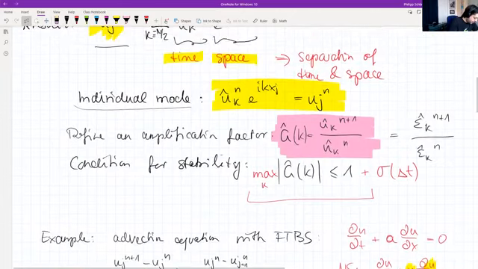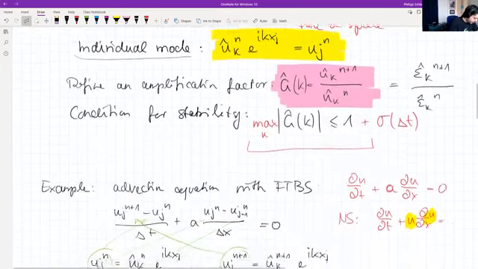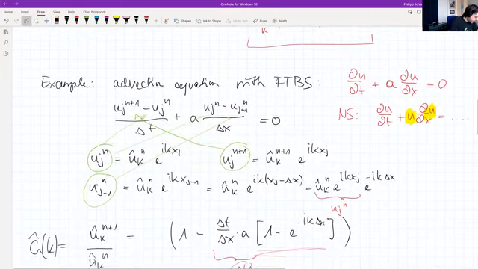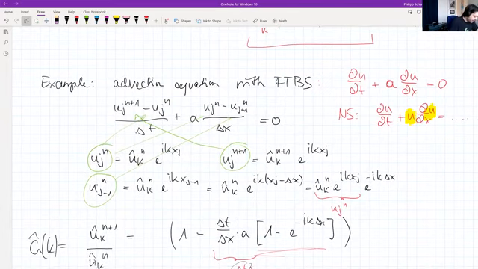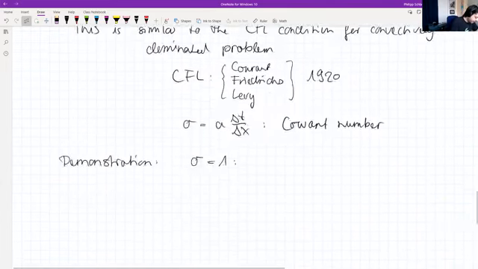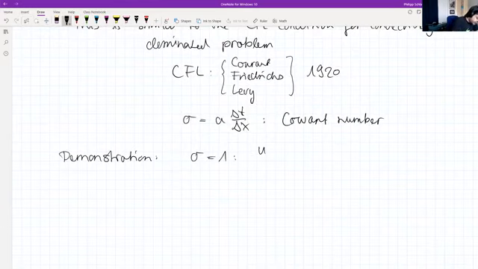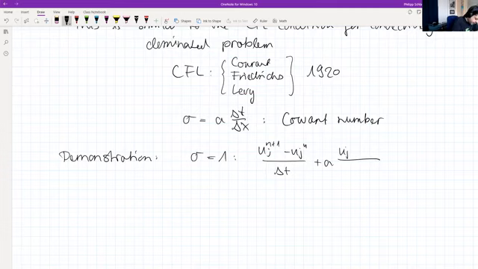If I just go up to my fully discretized version, let me just write that down again. So u_j^(n+1) minus u_j^n divided by delta t plus a times u_j^n minus u_(j-1)^n divided by delta x being 0.